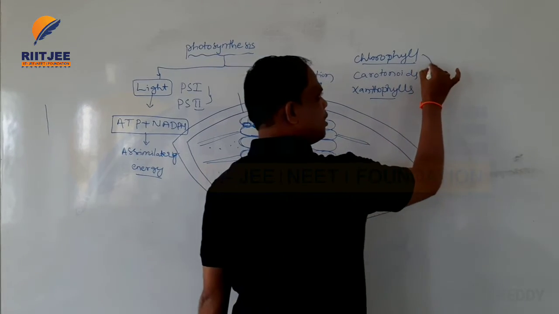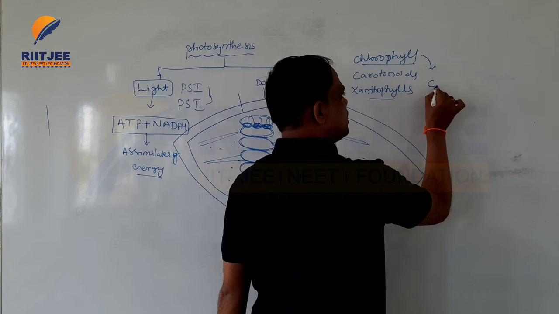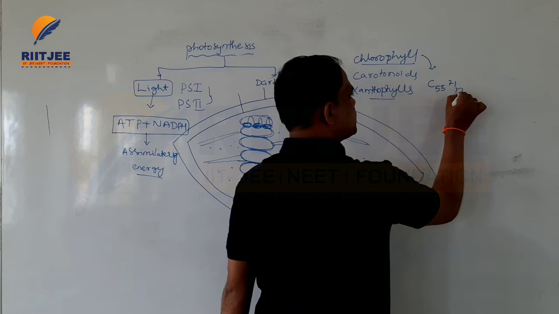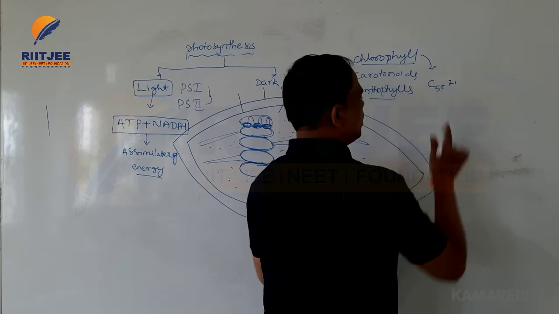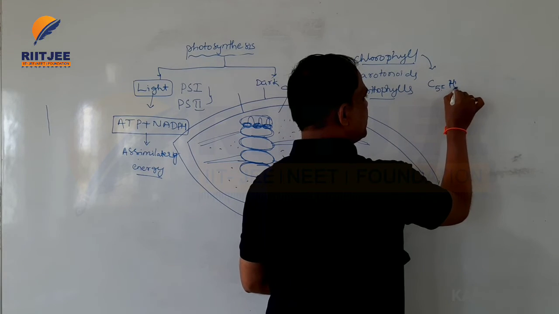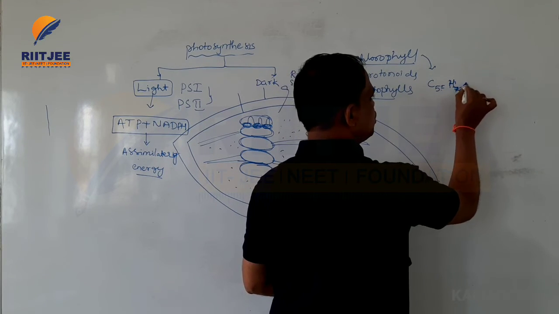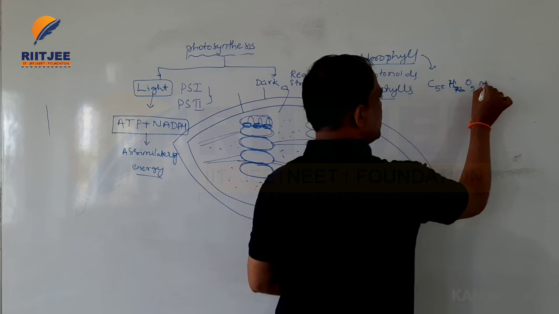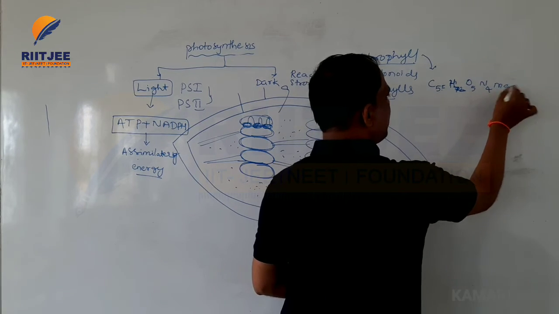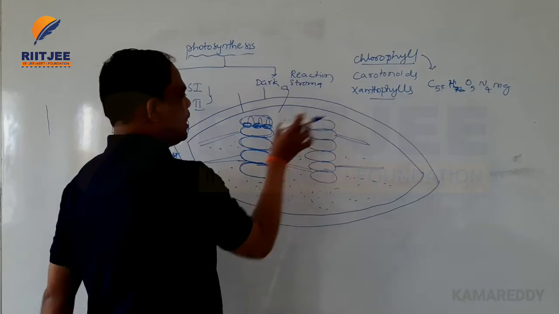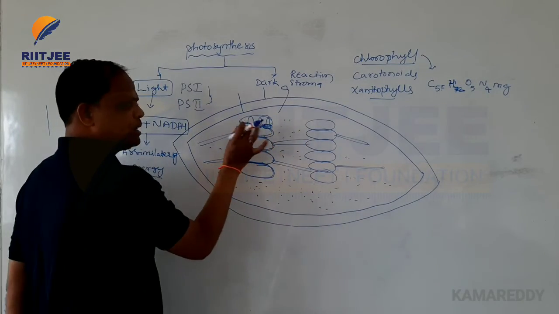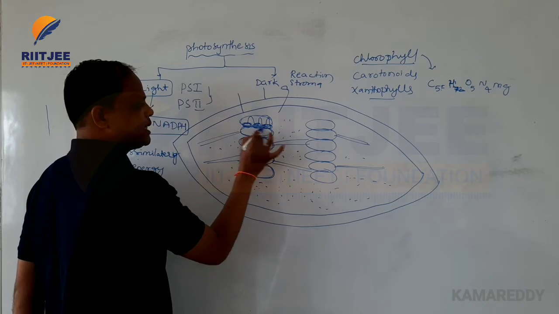The molecular formula of chlorophyll is C55H72O5N4Mg. A number of chlorophyll structures are present at these places.